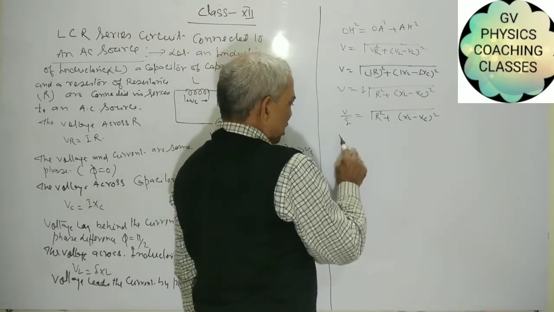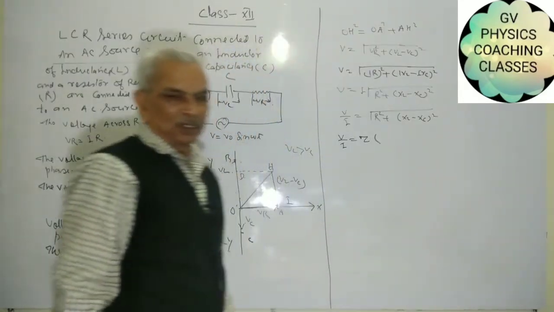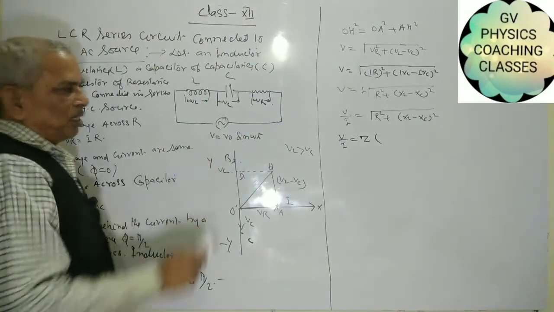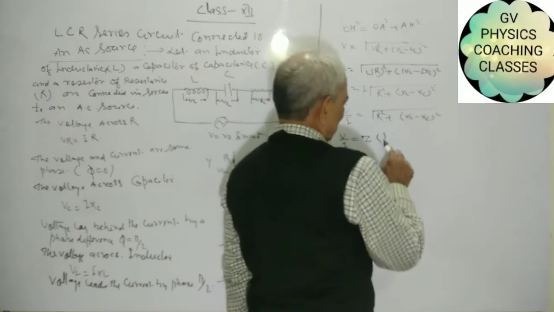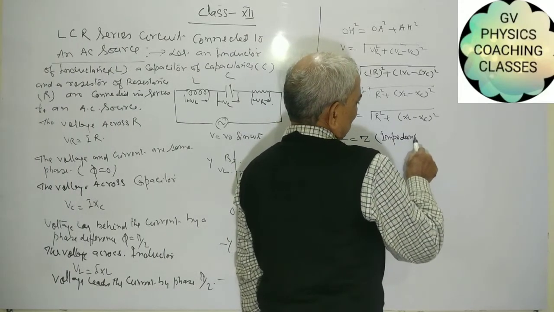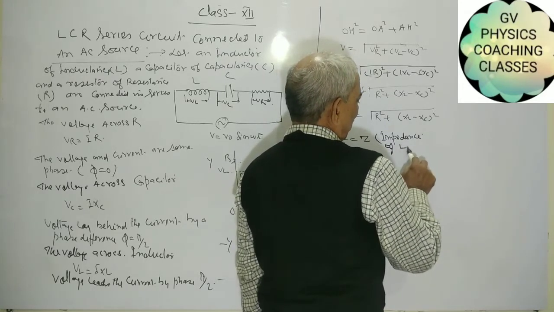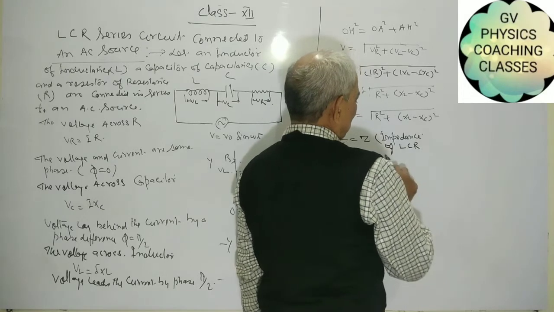This V upon I is equal to the impedance of the circuit, that means of the LCR series circuit.